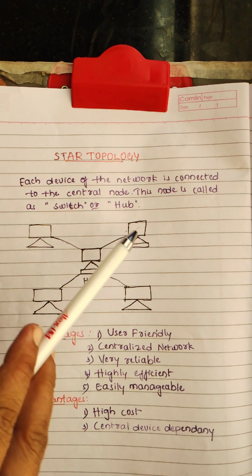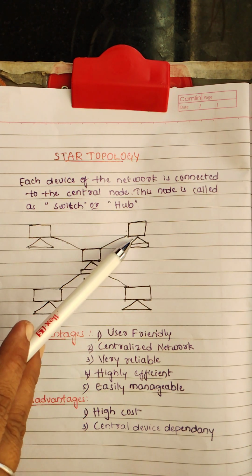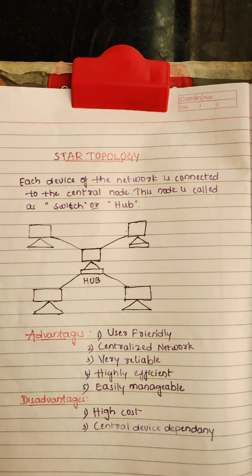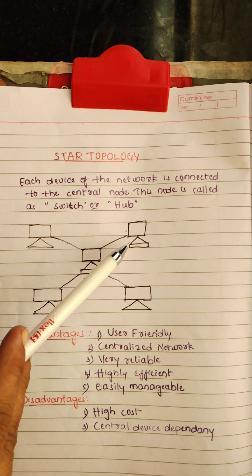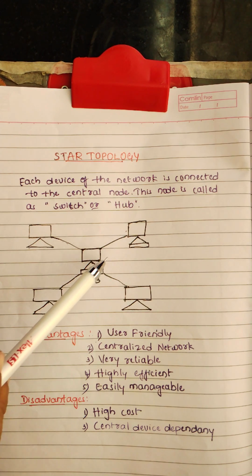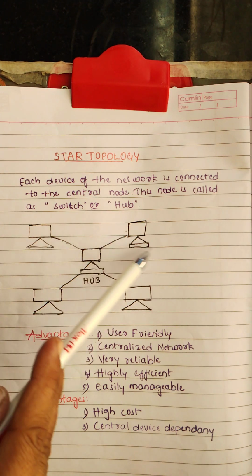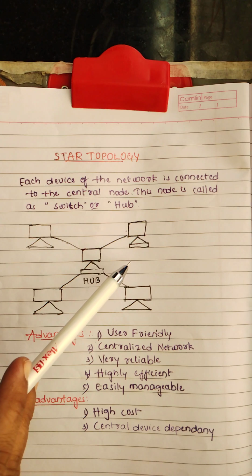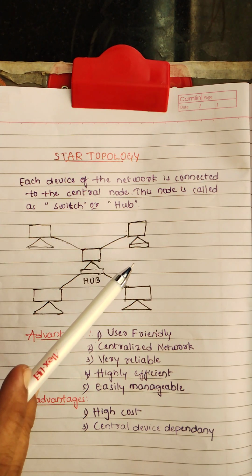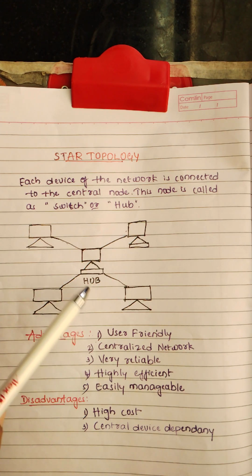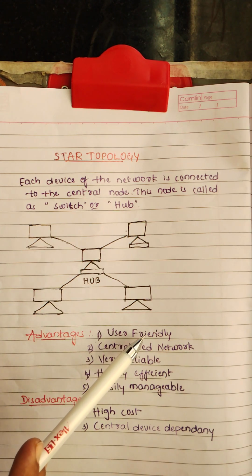So if one device fails, for example this device is not performing, instead of affecting these devices we can remove this one. For that reason we say the star topology is user friendly.